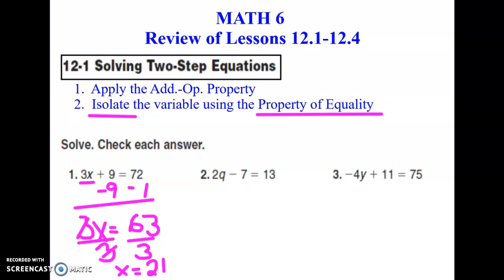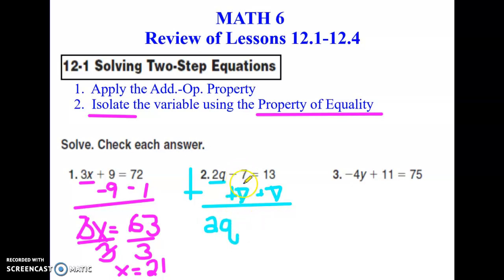Okay, going on to number 2, we already have our variable by itself, so we want to get rid of this negative 7, and the way we're going to get rid of a negative 7 is to add 7 onto both sides. That should be a 7 there and a 7 here. We are then going to add down, so we still have this 2q right here.